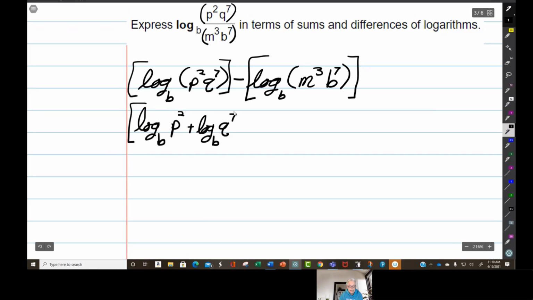And I'm gonna keep my brackets there for a little while. Minus log base b of m to the 3rd plus log base b of b to the 7th.